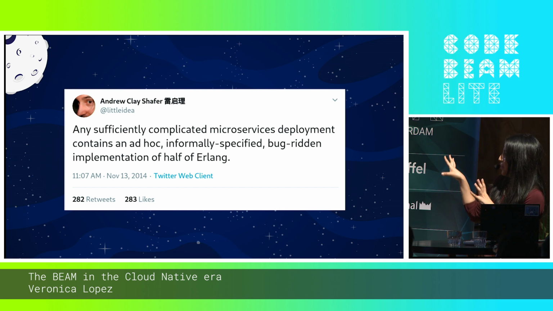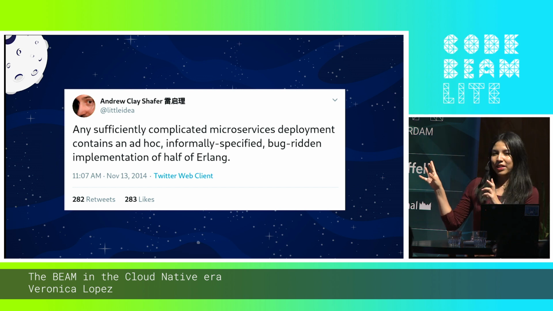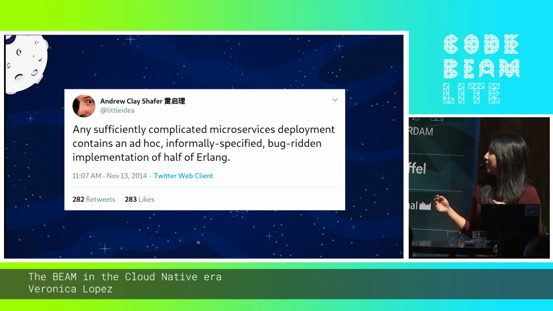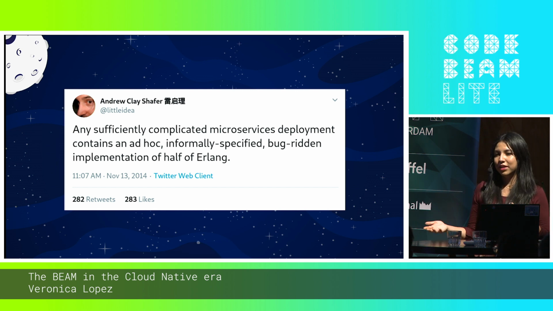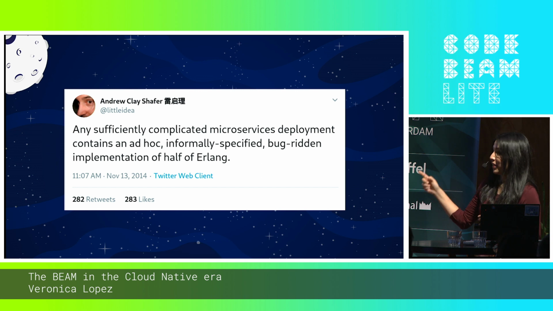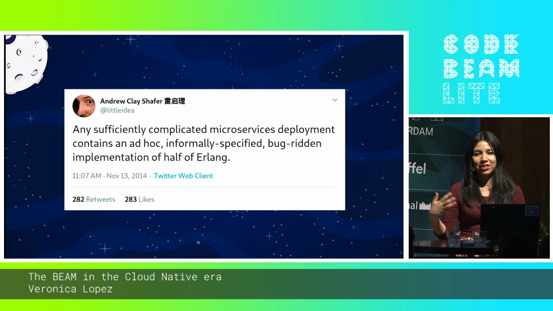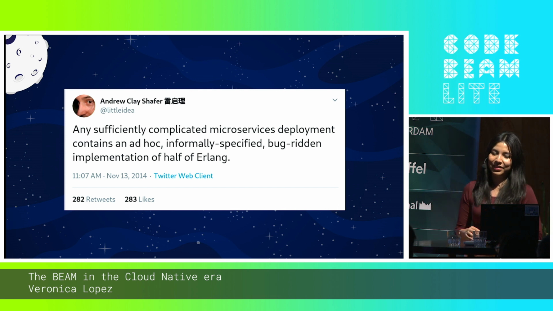So I shared my feelings about Kubernetes, and how I felt about Erlang and Elixir, and how I thought that they sort of reinvented the wheel. And he told me about this tweet, and I was like, oh my God, this is so true. And then Robert Virding also endorsed this, and then talking to Francesco, it was basically the same feeling, and I was like, okay, I'm good. I'm not a hater or anything like that, or I am, but with a reason.